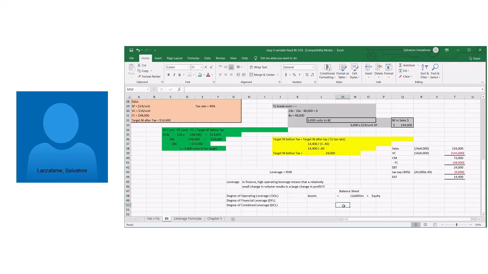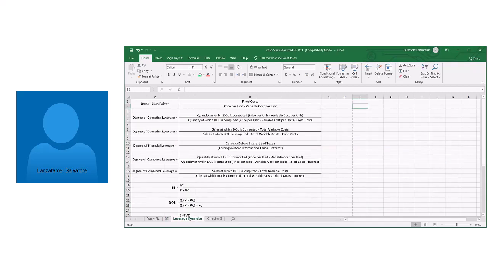But if things go poorly, if you were heavy into debt, you still got to pay off that debt no matter what. You just don't have the cash flow coming in. So degree of combined leverage is taking the asset side and the liability versus equity side and merging it into one result. So let me go to this page here.